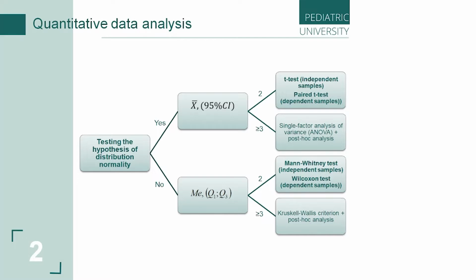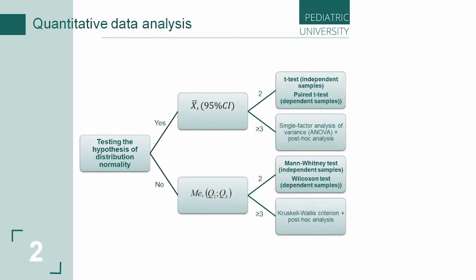Depending on the number of groups, after the confidence interval and average value, what happens? We must see how many samples are in our test, for example, how many groups we have. So, we look for the difference between the groups using the following criteria.